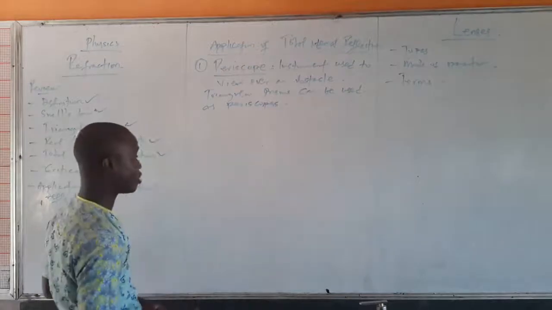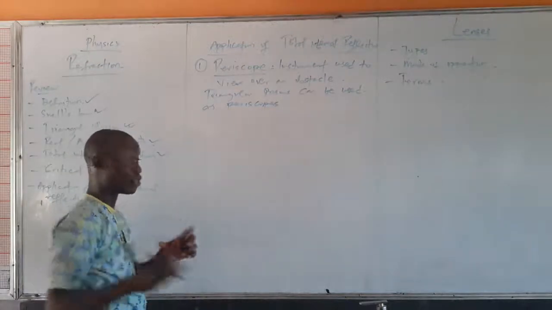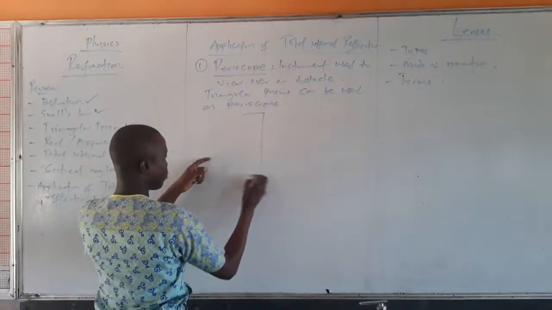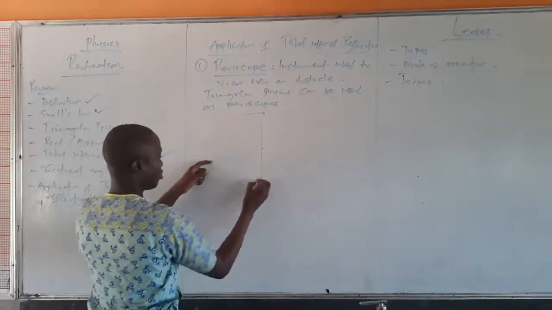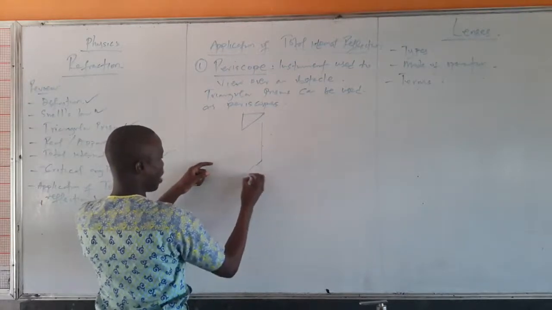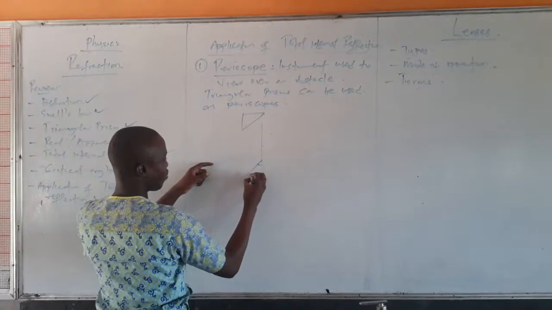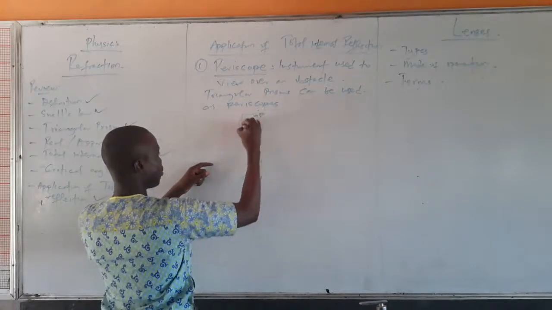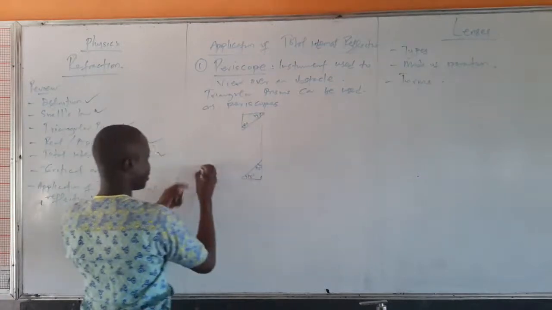And how do we use a triangular prism as a periscope? We use one with an angle of 45 degrees. We have one prism this way, and here we have another prism. We'll make sure the angle is 45 degrees. And this is your eye.